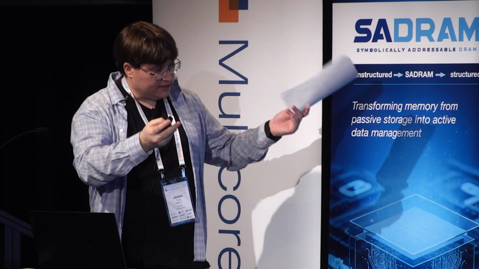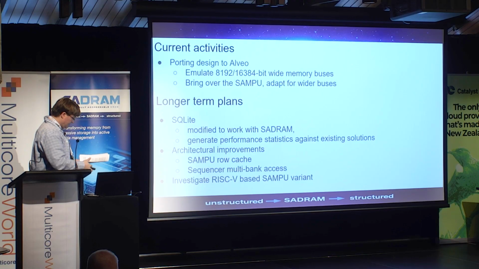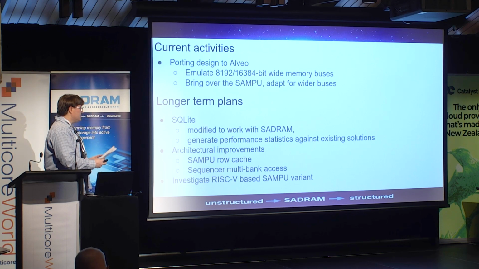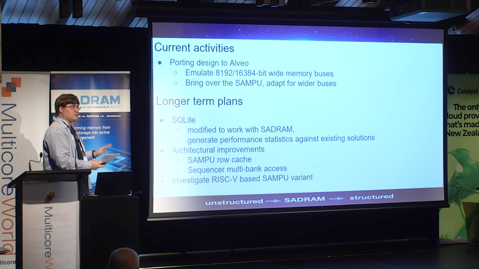So you don't need the pointer data, and you can delay that row's open until after you've decided where to go, or preferably pipeline it so that the key row is buffered in a local cache, and then you can go out and open the pointer row. And then, yes, the RISC-V. It's a big lift to move to the RISC-V, so probably our initial examples, when we have a working prototype, are going to retain the SAMPU and SAM code.